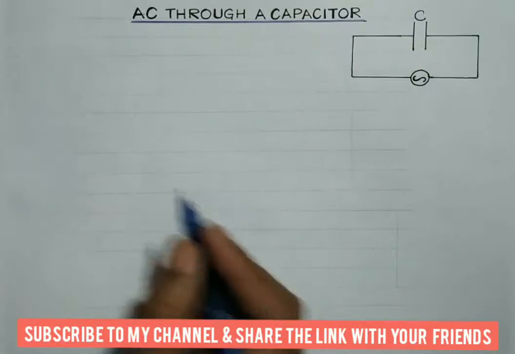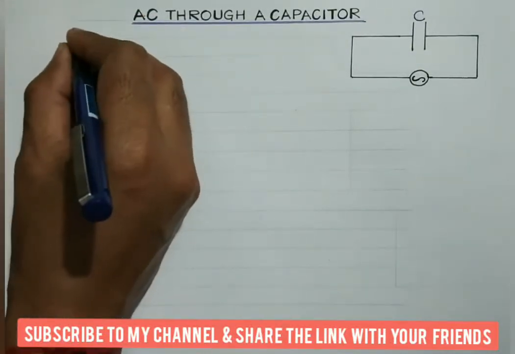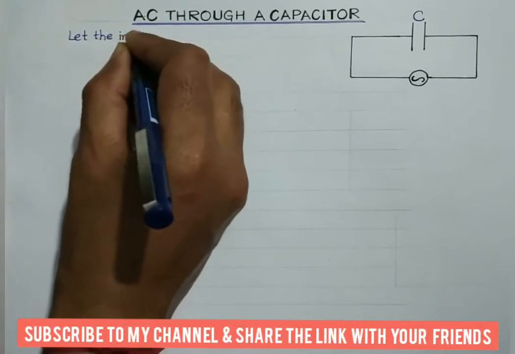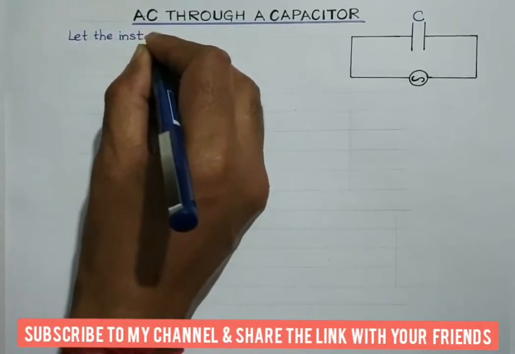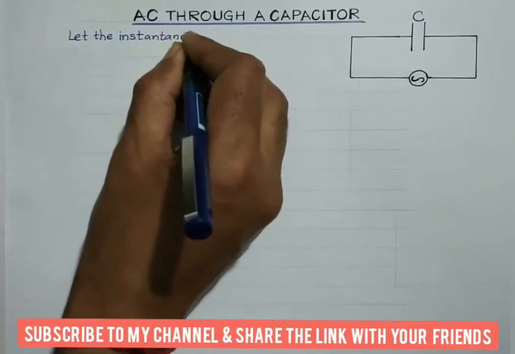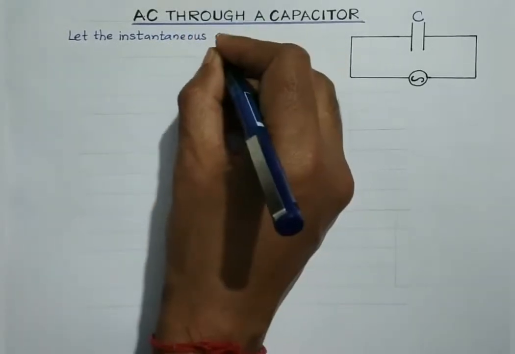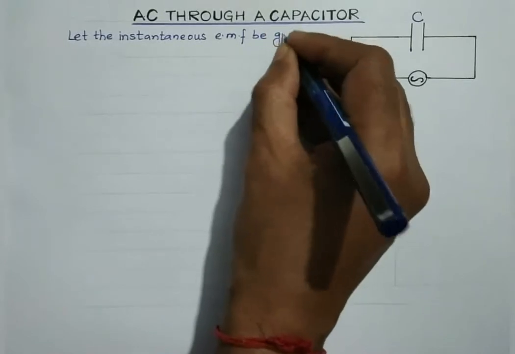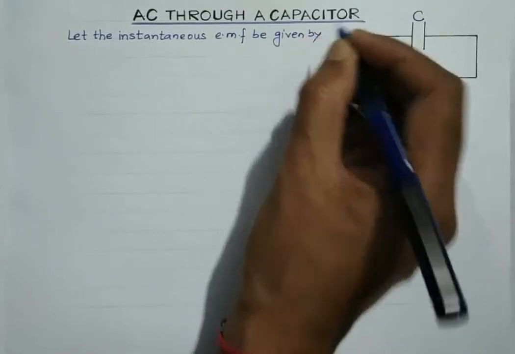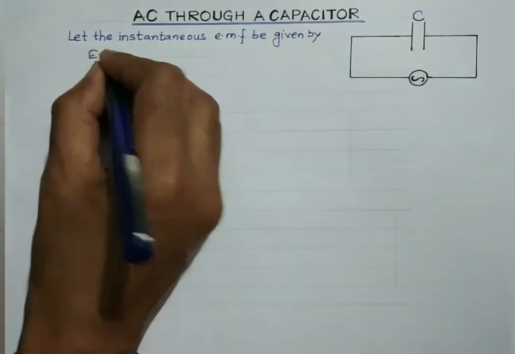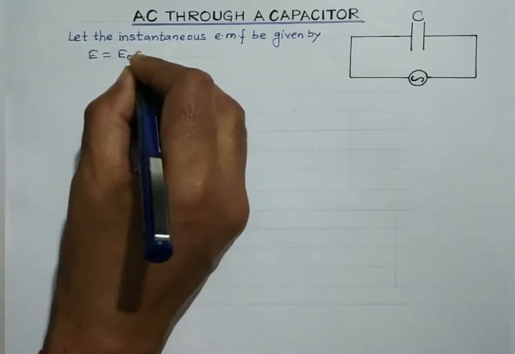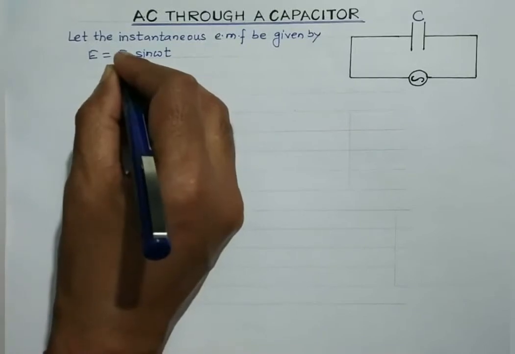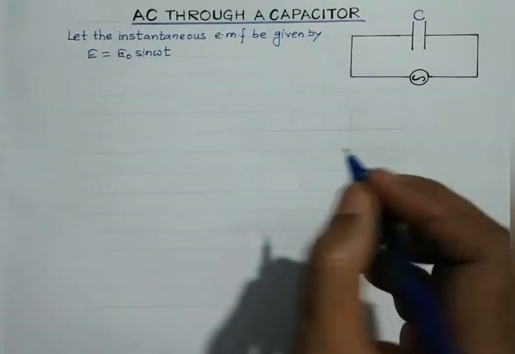And let the instantaneous value of the alternating EMF be given by E is equal to E naught sine omega t, right? As we have discussed previously, E naught is the peak value of the EMF.